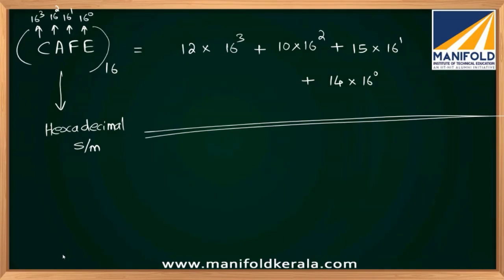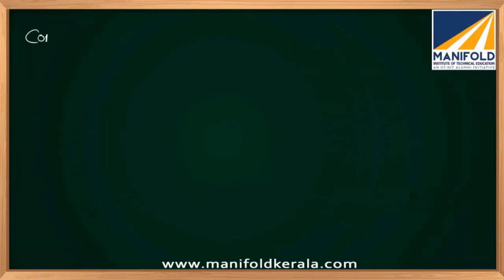How do you do that? Or suppose I am given a number in decimal and I want to represent it in binary. So how do you go from decimal to binary, or decimal to octal, or decimal to hexadecimal? How do we do that? So the next thing is conversion from decimal to any other base.